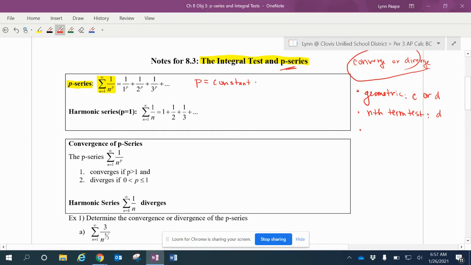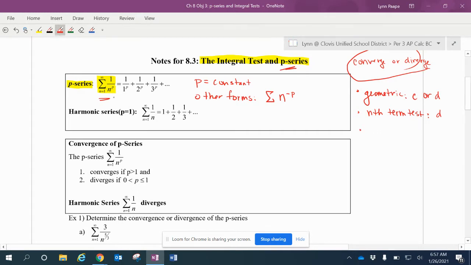There are other forms that you want to make sure you recognize, because you can always play with things. They don't have to look exactly the same. It might look like n to the negative p. That still would be a p-series, but you would always want to rewrite it into this format here.